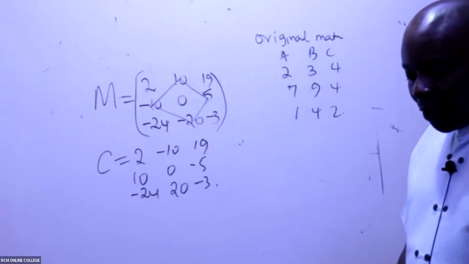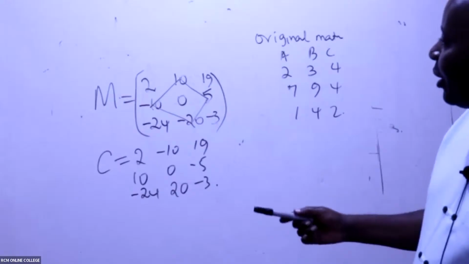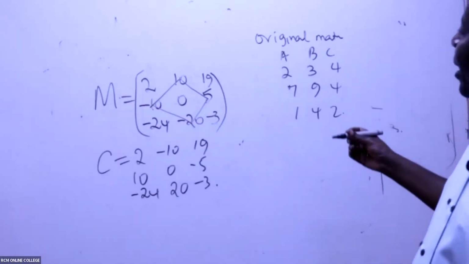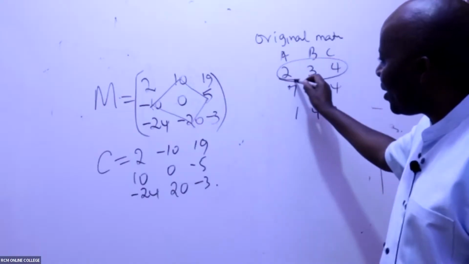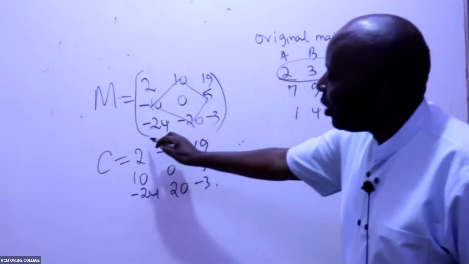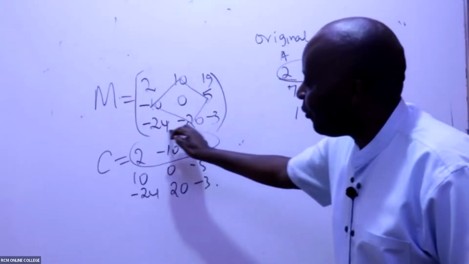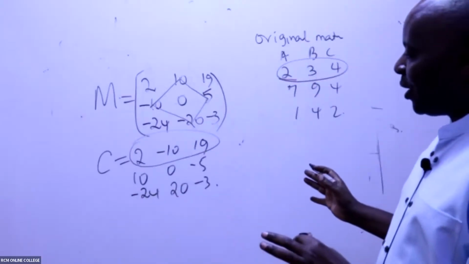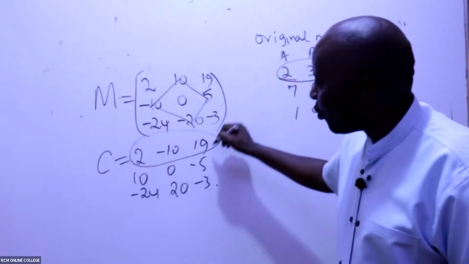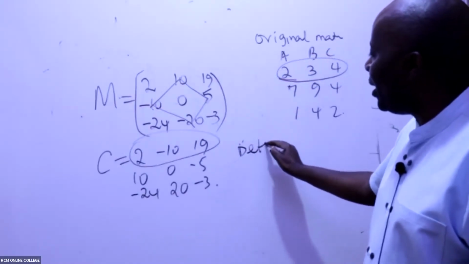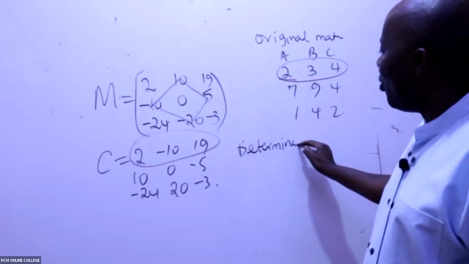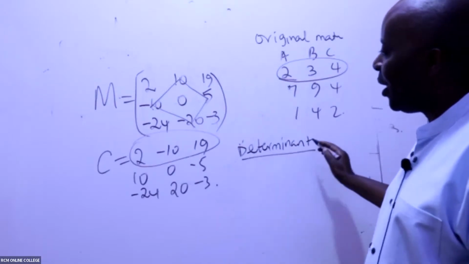If you have not done the determinant using the other method, you can easily borrow the original matrix numbers and combine them with the first row of the cofactor matrix. If you borrow the first row of cofactors and the first row of the original matrix, you can easily get the determinant. Very easy. So you combine.